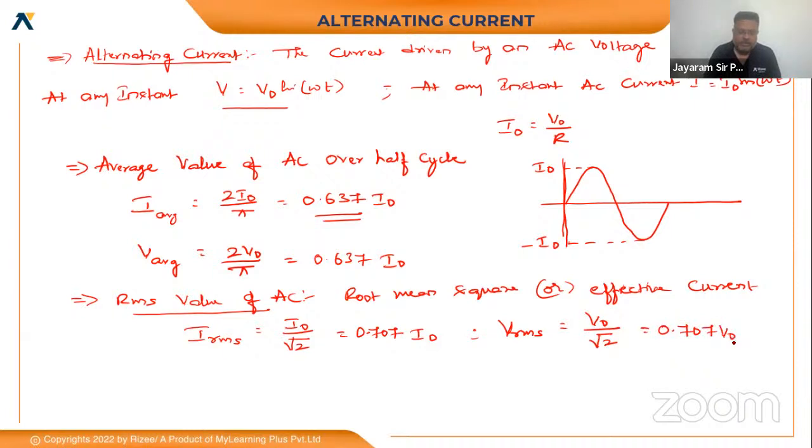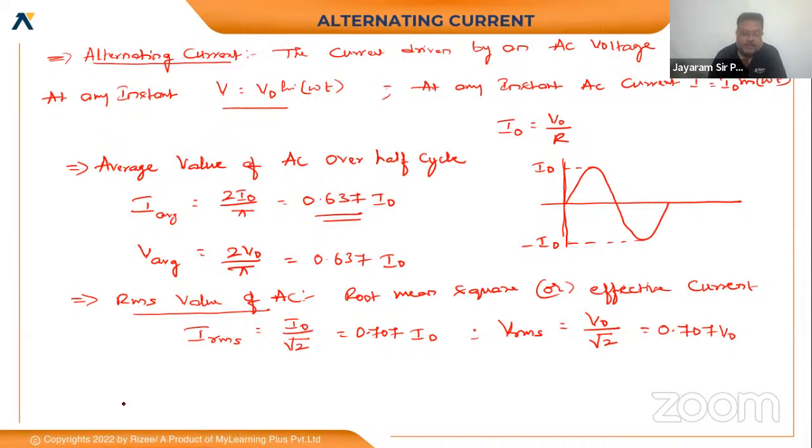So the equivalent DC value that produces the same average conditions is the RMS value.